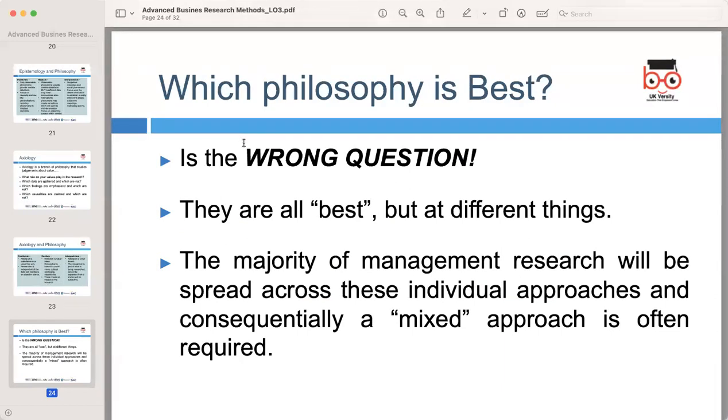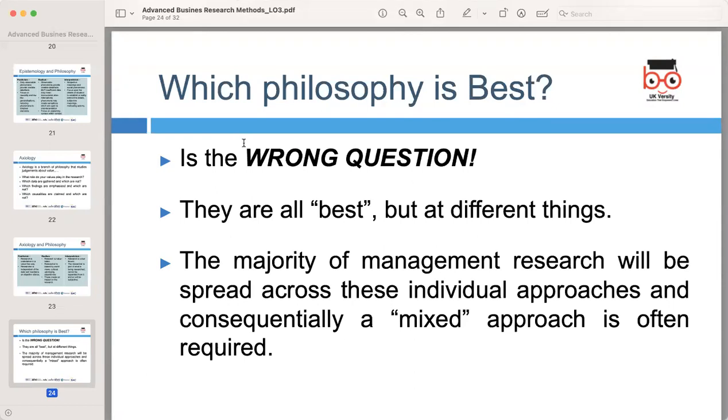Which philosophy is best? That is the wrong question. They are all best, but at different things. The majority of management research will be spread across these individual approaches, and consequently, a mixed approach is often required.